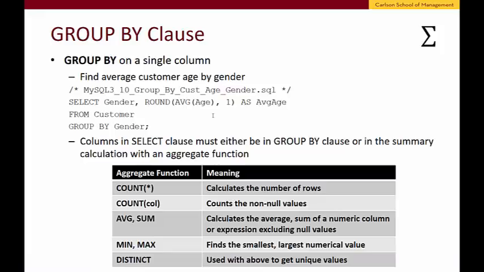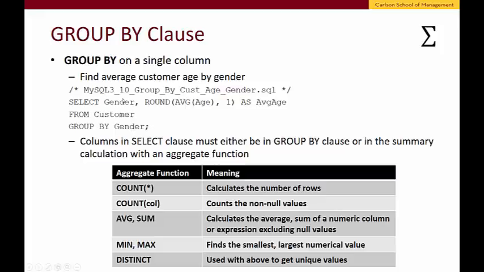Okay, so now we want to emphasize the fact that the gender column must match, the number of columns in the select statement, they're not part of the aggregate like this one here is, must match the number of columns in the group by.